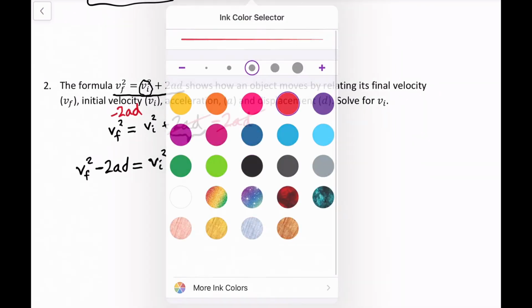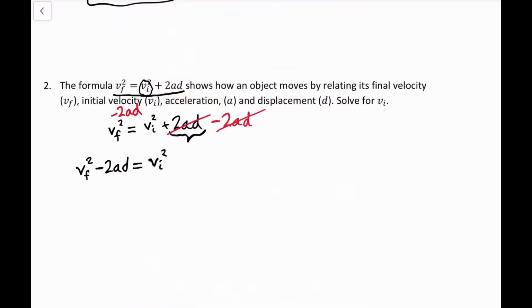And now here, we're almost finished. The Vi is almost isolated. It just has this squared. So remember, the opposite of squared is the square root. So we're going to take the square root of this side. And again, we have to do the opposite of that to the entire other side.